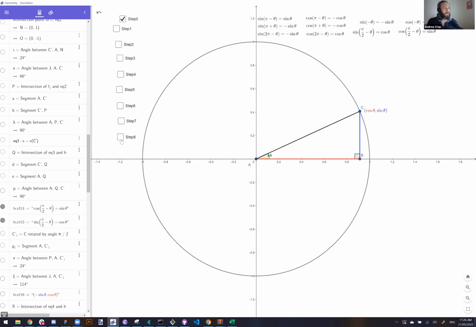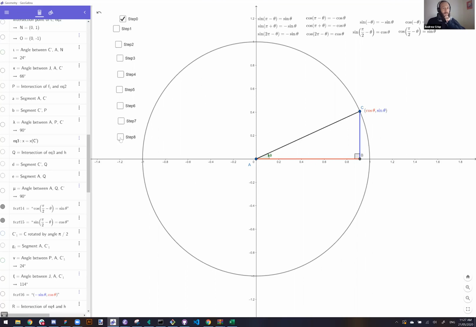And the next one is, so before we talked about reflecting in the x-axis, reflecting in the y-axis, doing both and landing down here. Now we've done reflecting in the line y equals x. How about now we do rotating this point by pi over 2 radians, by a right angle.